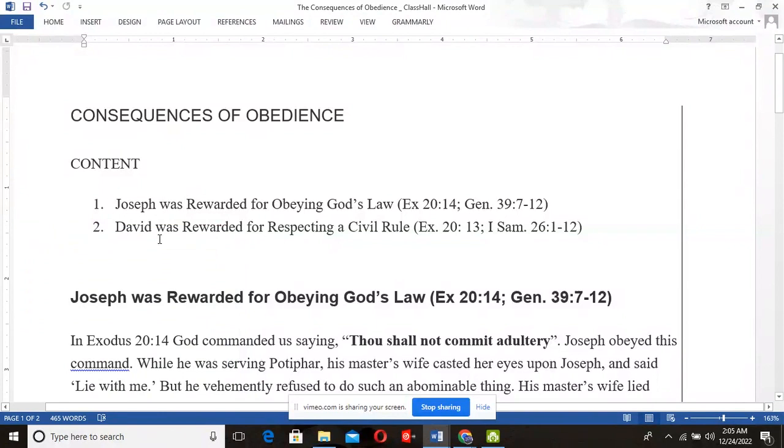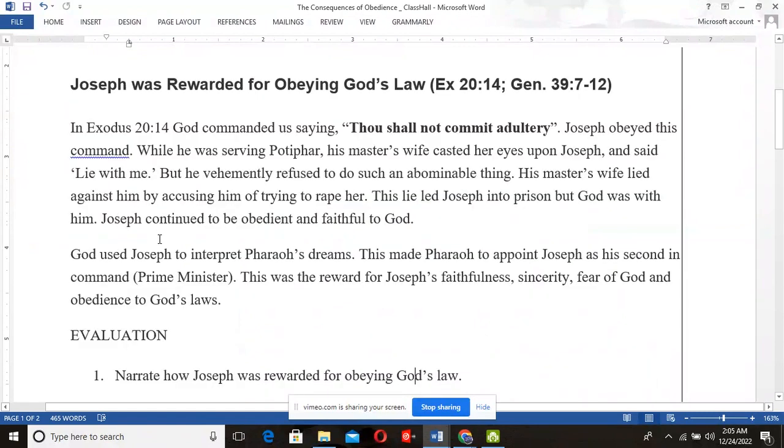Now, like the topic says, consequences of obedience. From a brief note I made here, Joseph was rewarded for obeying God's command. And what is the command? In Exodus chapter 20, verse 14, God commanded us, saying, thou shalt not commit adultery.